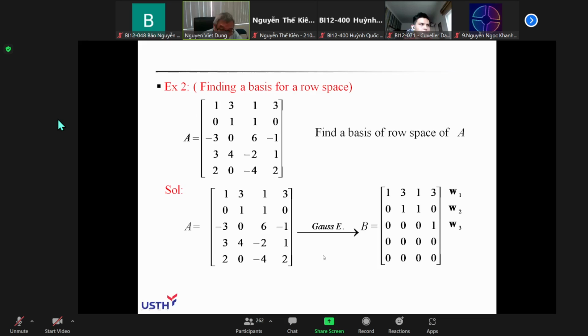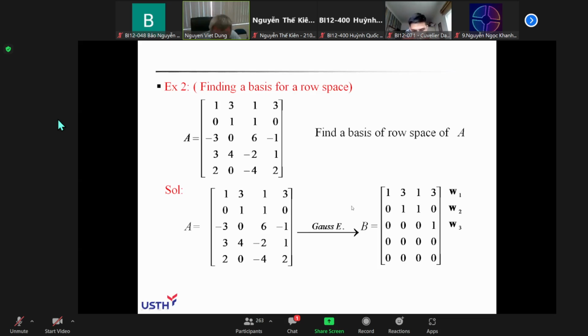So I omit it, but in your exercise, you need to write down every detailed operation you apply. Anyway, now A is row equivalent to B, and B is already in row echelon form.